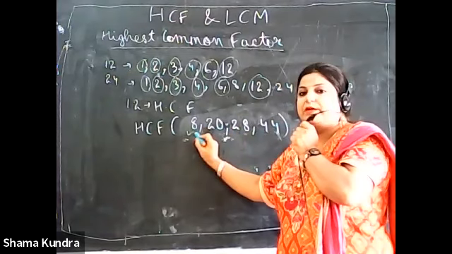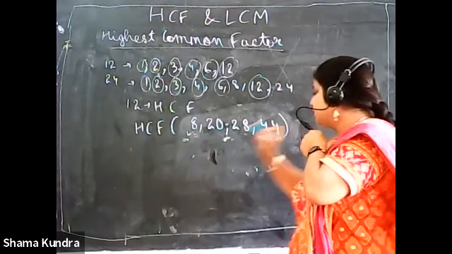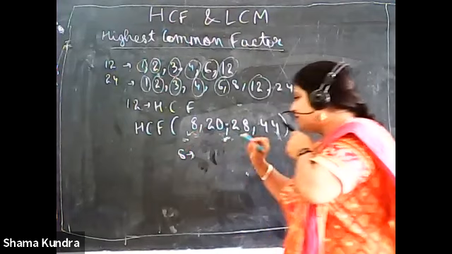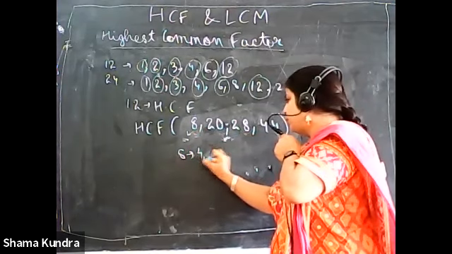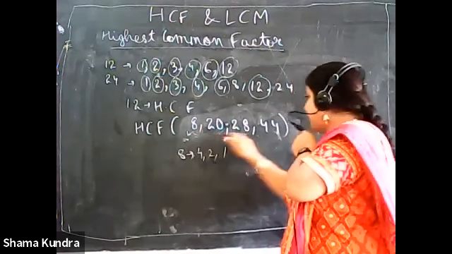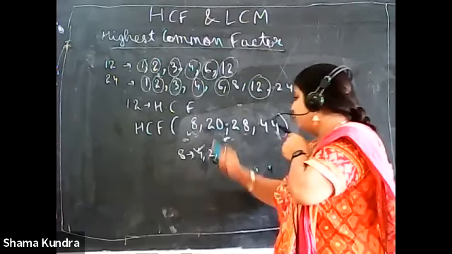Next, a tip and trick for finding the HCF of these numbers is to write down the factors of 8: 4, 2, 1. We checked 8, but 8 didn't divide all four numbers. Now I check 4.